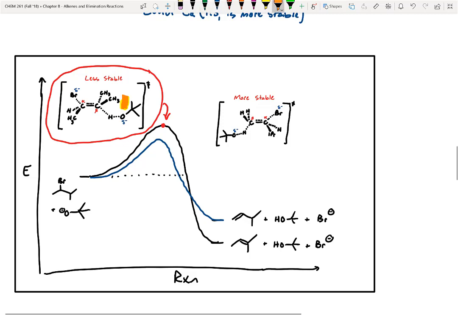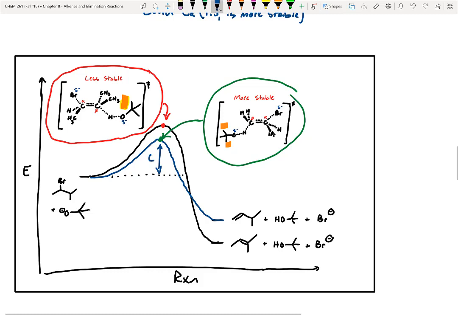The one where the tert-butyl group is sticking out and away from everything is a lot more stable, so this is going to be lower in energy right here. All right, so if we think about it, when we're doing a reaction, the reaction would prefer, under most conditions, to have the lowest barrier, right?